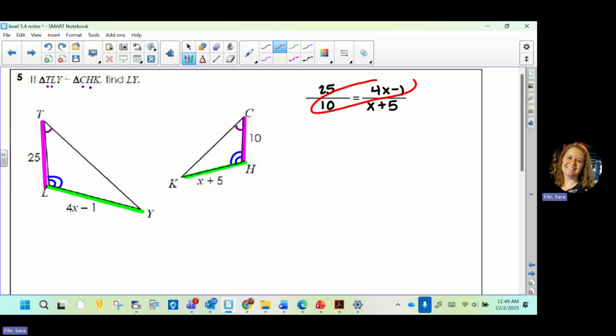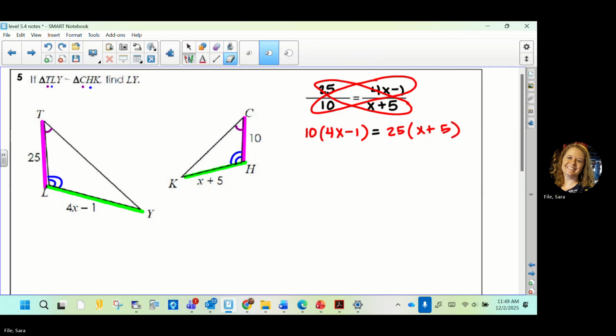But here, when you cross multiply by an expression, you need to make sure that you use parentheses, because that 10 is being multiplied by the entire 4x minus 1, not just by the 4x. Same thing this way. The 25 is being multiplied by the entire x plus 5 expression. So I end up having to distribute.